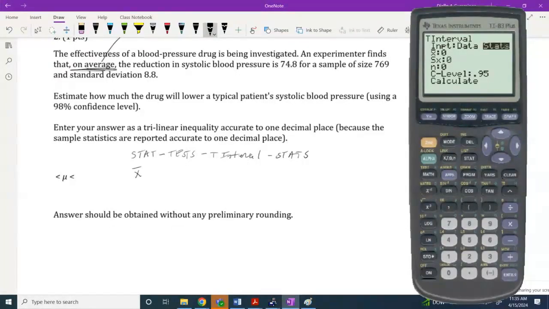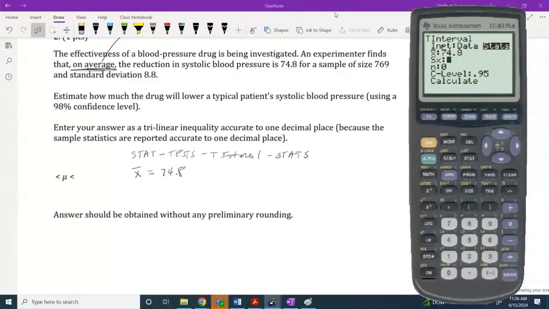So X bar, remember that's the mean. And if we go back to our problem, it says that on average, the reduction in systolic blood pressure is 74.8. So our mean is going to be 74.8. We have to put in S of X, which is the standard deviation of the sample.